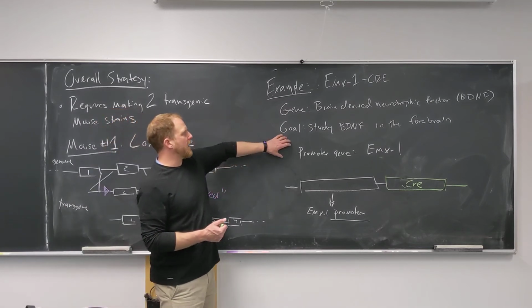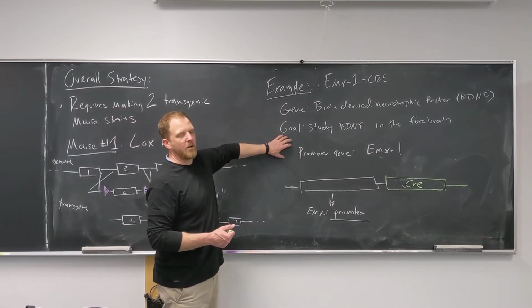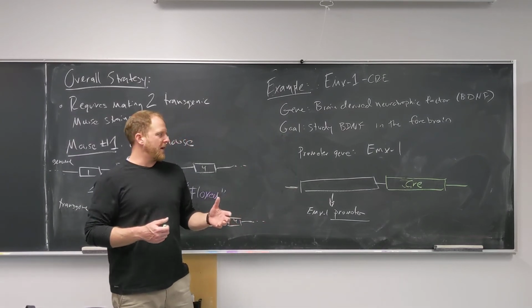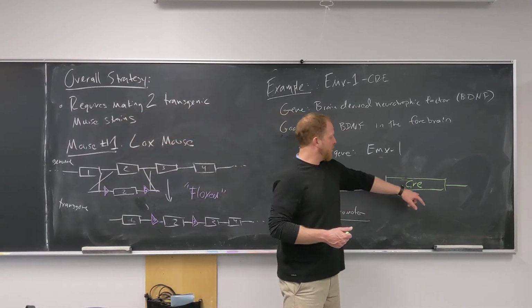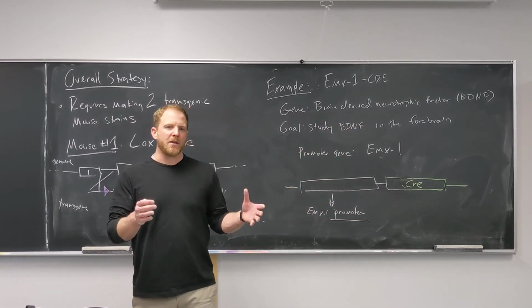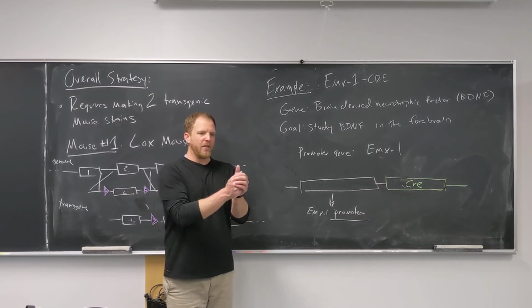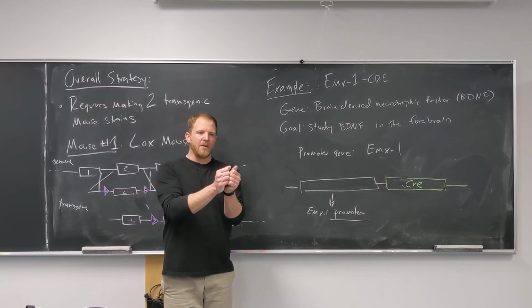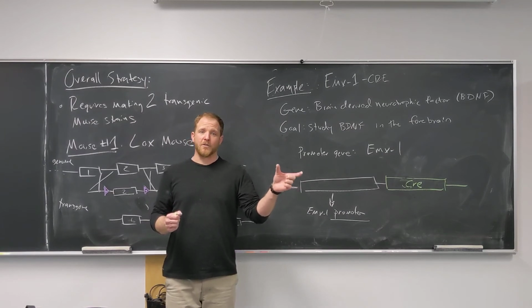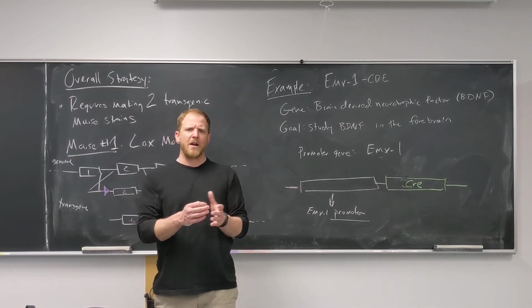This particular EMX1 Cre mouse that we made in this lab was much more complicated and much more clever. It inserted the Cre open reading frame into the endogenous, or normal, EMX1 locus so that you could express both EMX1 protein and Cre using the IRES that we talked about a while ago, the internal ribosome entry site. It's a really clever strategy.